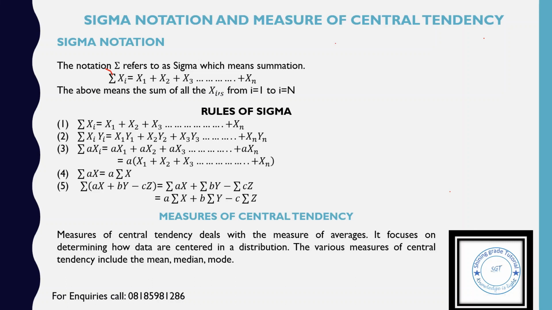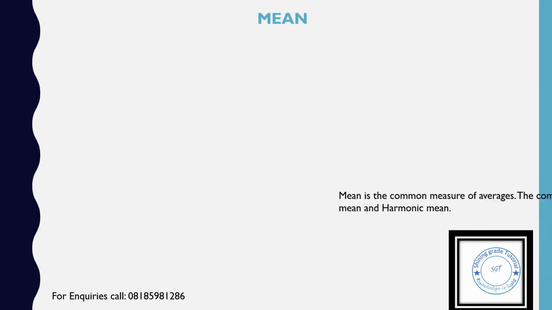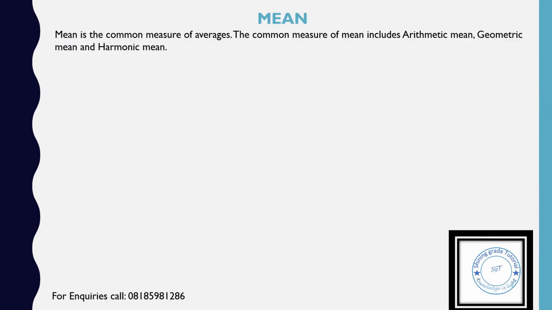So we can measure the mean, the median, and the mode. They are good measures of tendency. So let's move to the first aspect, which is the mean. Mean is the common average. When we talk about average, we are talking about the mean. The mean can be in the form of arithmetic mean, geometric mean, and harmonic mean.